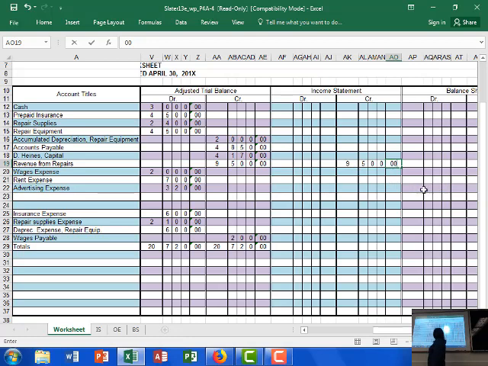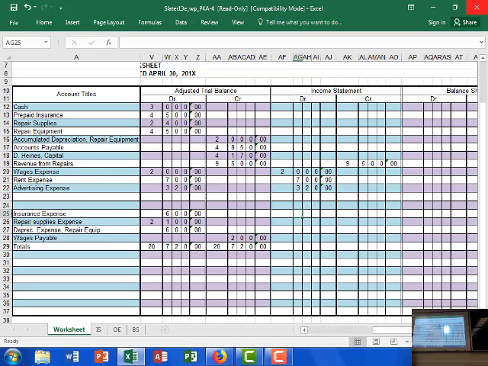Then all the expenses. But we're going to put those on the debit side, correct? Wages, $2,000. Rent, $700. Advertising, $320. Are we done?